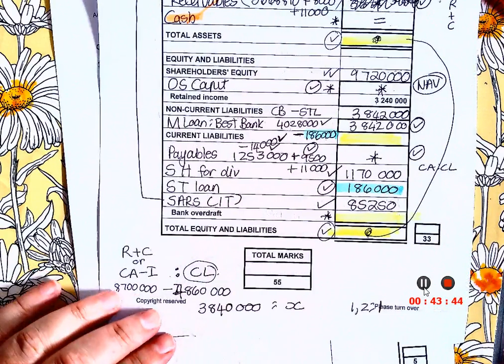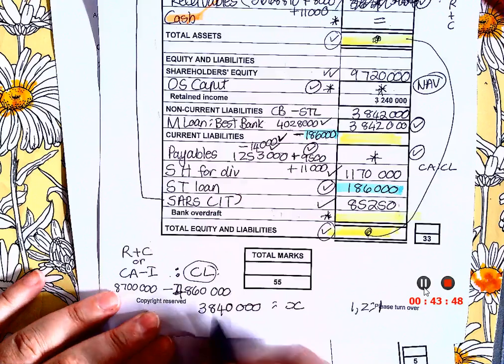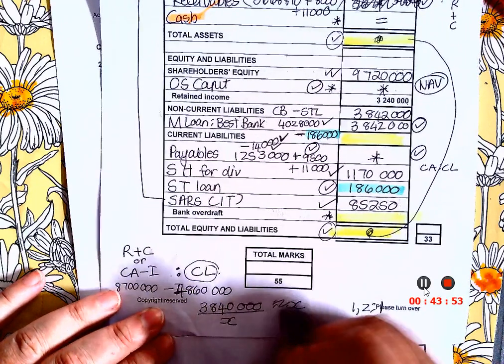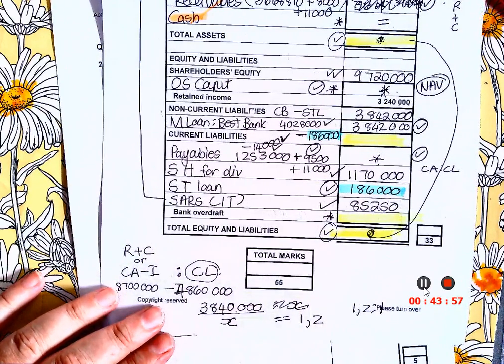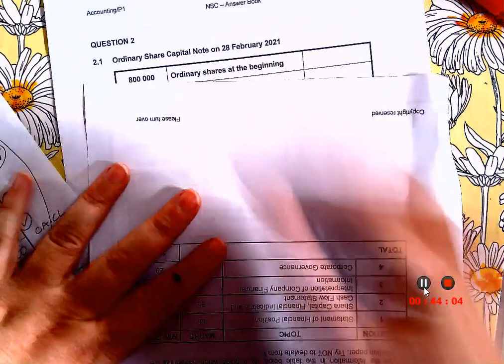Now if I know that, I know 3840 over X is equal to 1.2. Because how do my ratios work? My ratios must work like this.